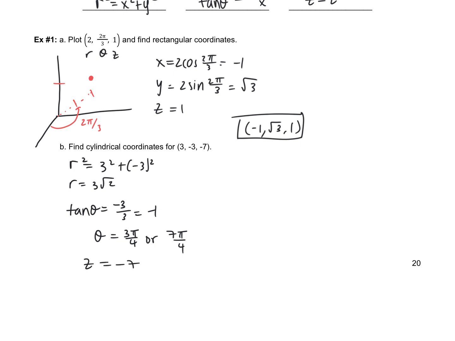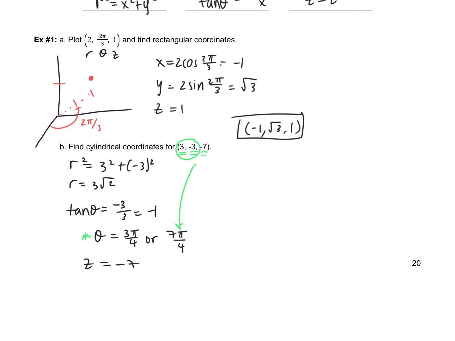So the question is, how do we determine what our value of theta is? Well, it depends on where the point is. So we have a positive x, negative y, negative z. So if you consider where that point is, we have to figure out how much did we rotate. If we consider just x and y, 4th quadrant, that would be 7π over 4.